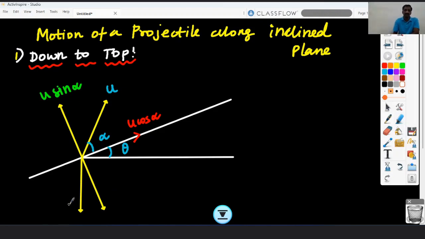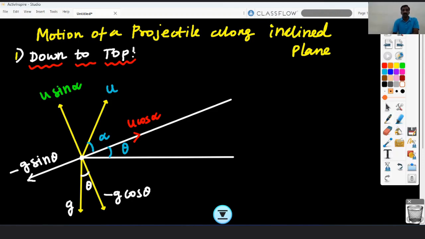This is nothing but the gravity, which is always acting in the downward direction, making an angle theta. Since it is below the origin, the adjacent side component will be minus g cos theta. Now this will be the horizontal component of acceleration. This is along the inclined plane, but left of the origin, so it will be minus g sin theta.